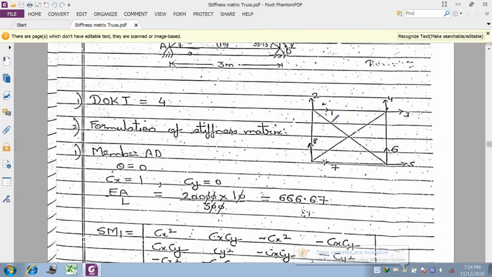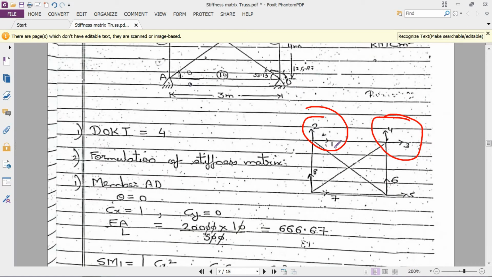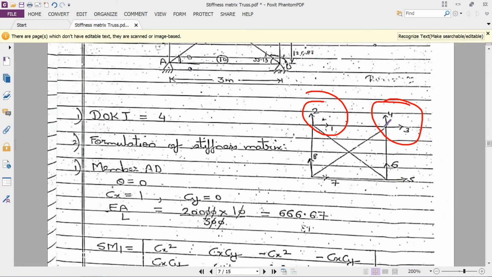I have considered 1 2 as unknown, 3 4 also unknown. Then 5 6 7 8 are the supporting pin joints, these are the known degrees of freedom. So we have to calculate the 4 unknowns, at joint B and joint C, in the form of 1 2 3 4.